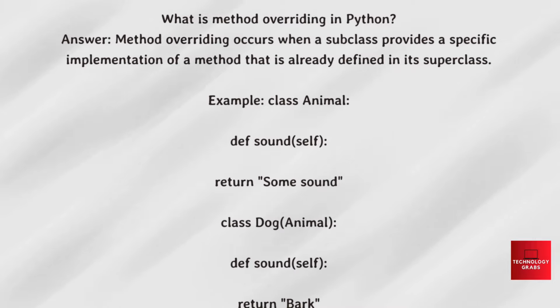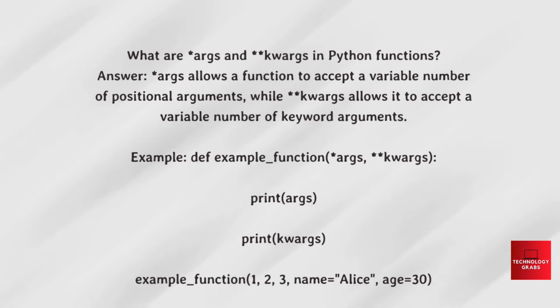Example: class Animal: def sound(self): return "Some sound". class Dog(Animal): def sound(self): return "Bark". my_dog = Dog(); print(my_dog.sound()) outputs "Bark".